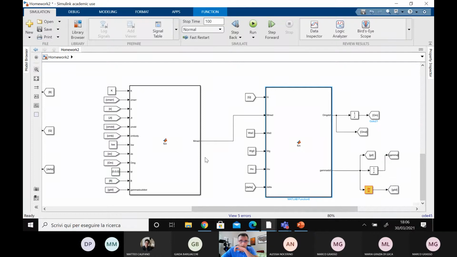I take the gamma dot signal and it just goes here into the equations of motion pretty much. It doesn't like that. Maybe I can try to comment this term here and see if it runs, to see if this is the only problem.